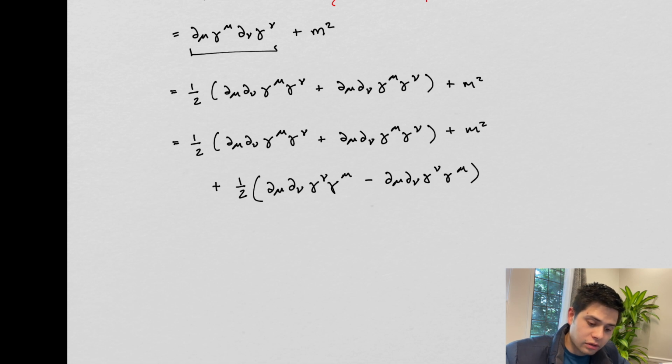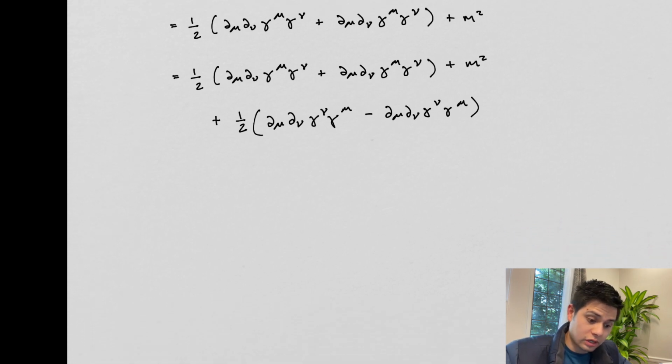Here I'm just adding 0 because these two things are the same thing. So this minus this is 0, right? We're really adding nothing in this case, which we can do.